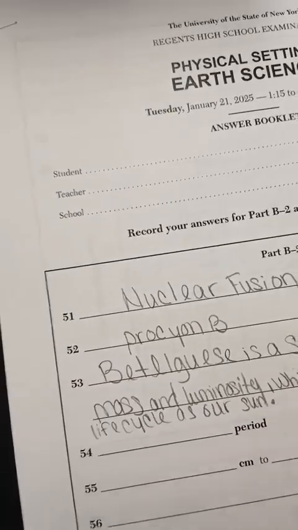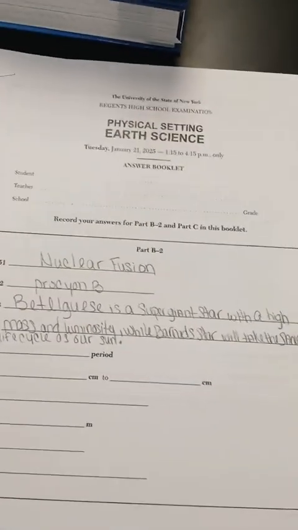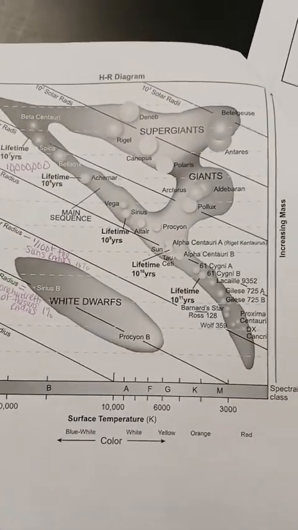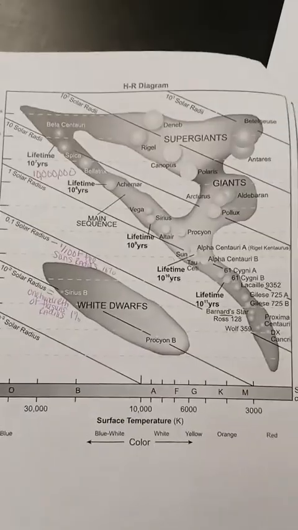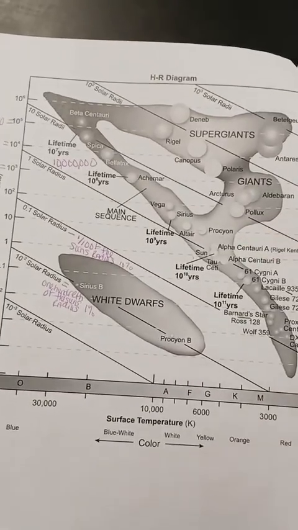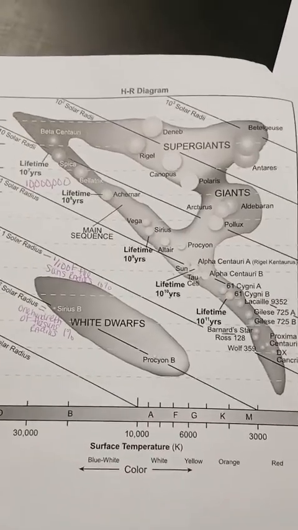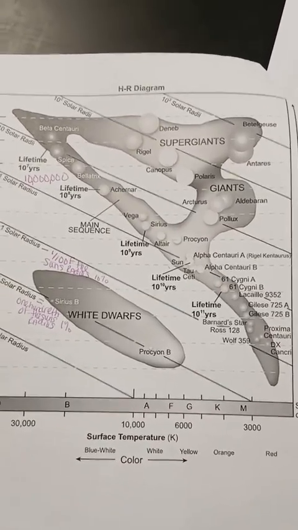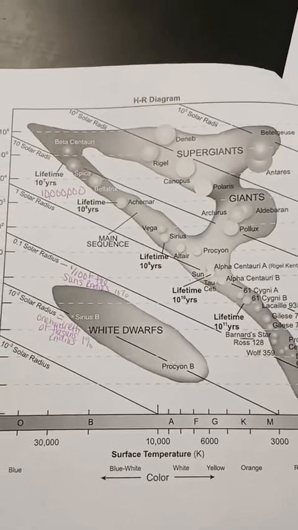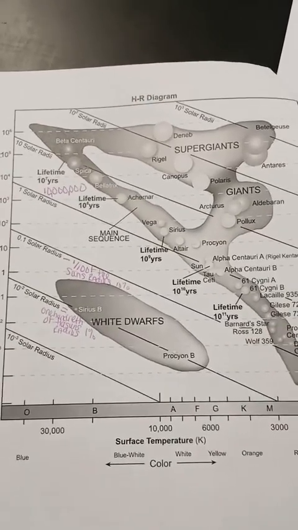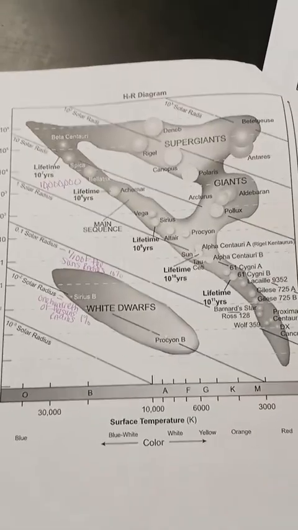Or you can say something in the nature of, Barnard's star is currently a main sequence star. Or Barnard's star is currently a very low mass star. So we know that Barnard's star will eventually become a white dwarf at the end of its life. All right.